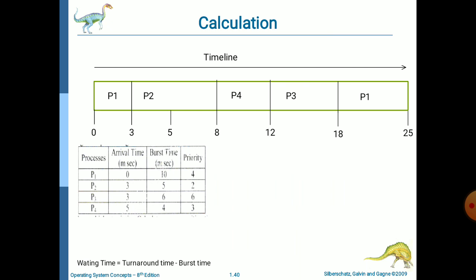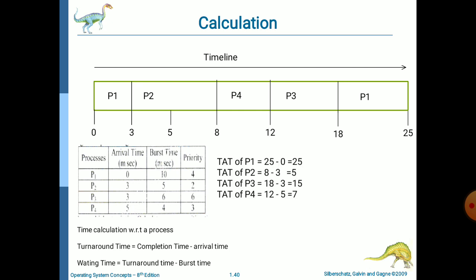The problem statement chart is given here, and the same calculations are done: turnaround time and waiting time. Turnaround time is calculated as completion time minus arrival time. Waiting time is calculated as turnaround time minus burst time. Let us look at P1, which finishes at 25 and appears at 0. So turnaround time is 25.